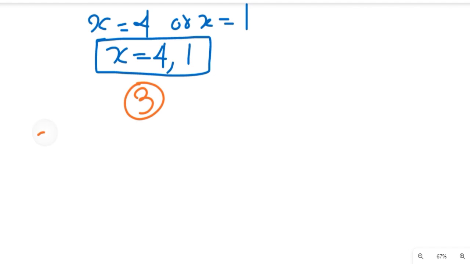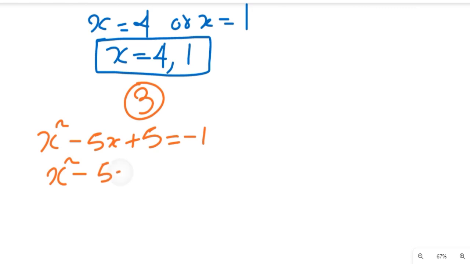expression 3. We have x squared minus 5x plus 5 equal to minus 1. So if we add 1 to both sides, we'll have x squared minus 5x plus 5 plus 1, that will give us 6, equal to 0.